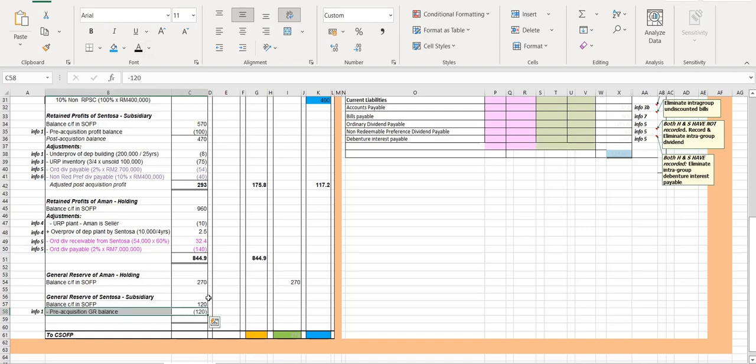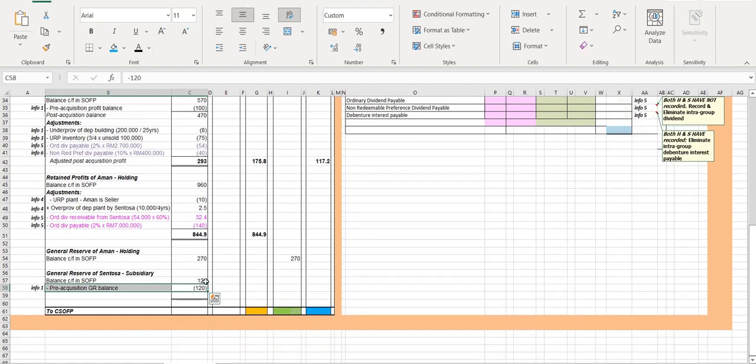The balance as per the SOP of the subsidiary was 120. The pre-acquisition balance was 120, so it gives no post-acquisition balance. When there is no post-acquisition balance, there is no share of the subsidiary going into the parent company.